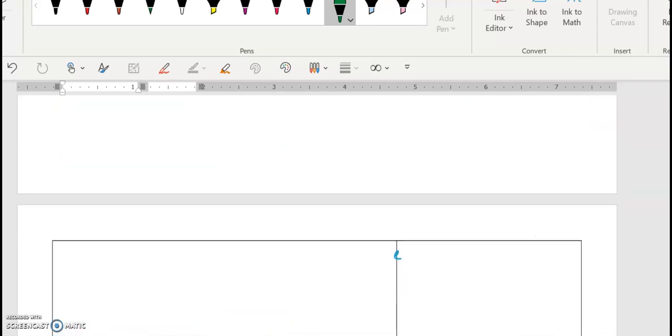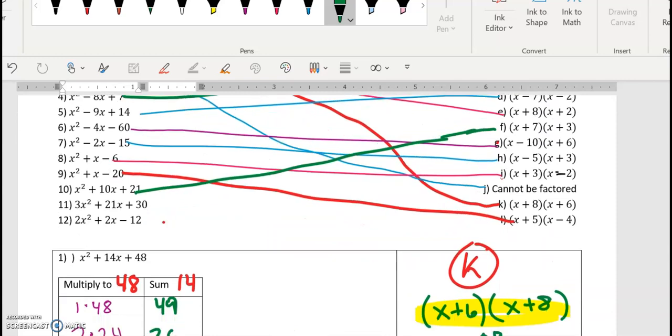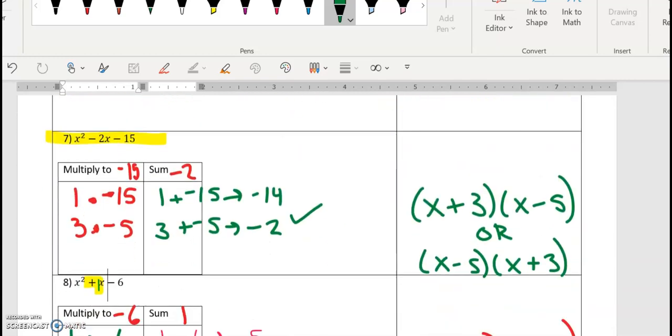Oh, I didn't write the last 2. Alright, 3x squared plus 21x plus 30.